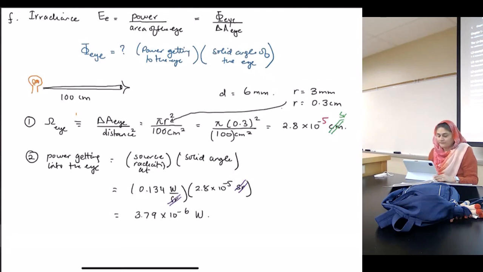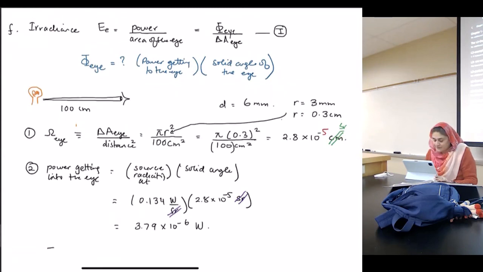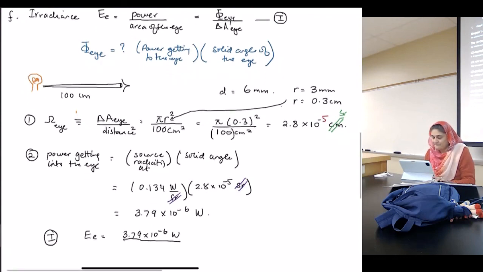Okay, now plug them into this equation and solve. So if I use equation 1 here, my E E will be, the power getting into my eye is 3.79 times 10 to the minus 6 watts divided by the area of the eye.